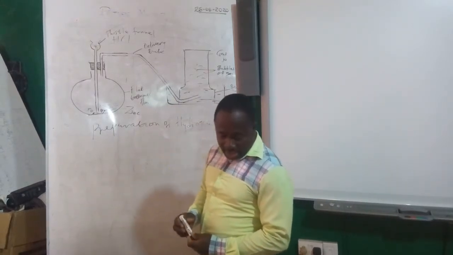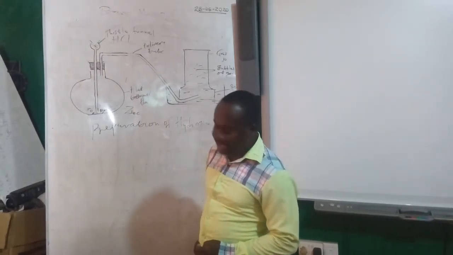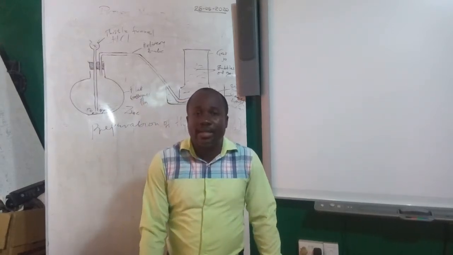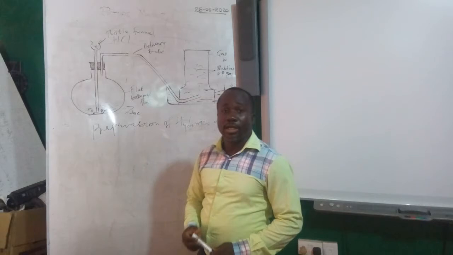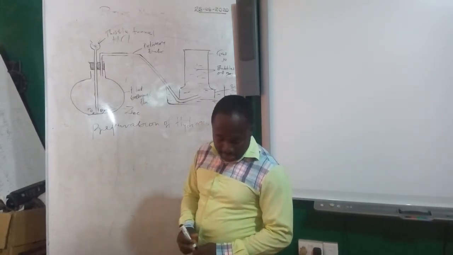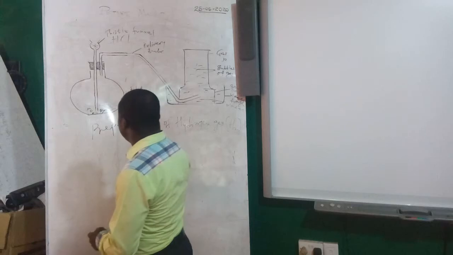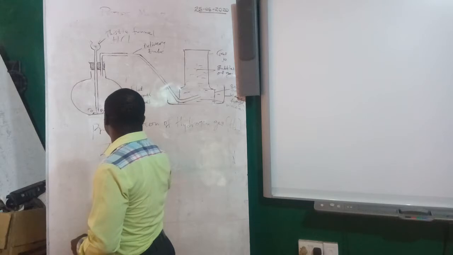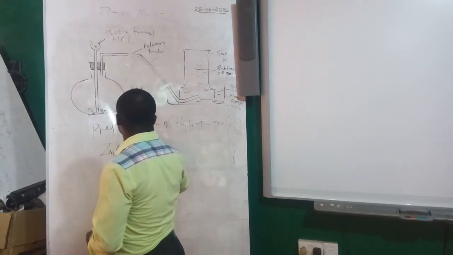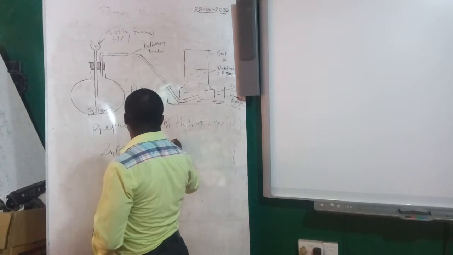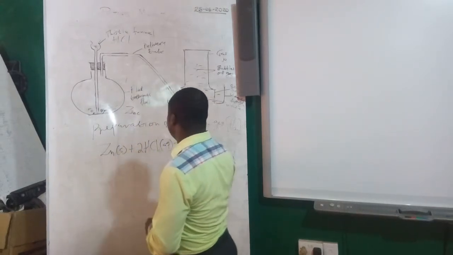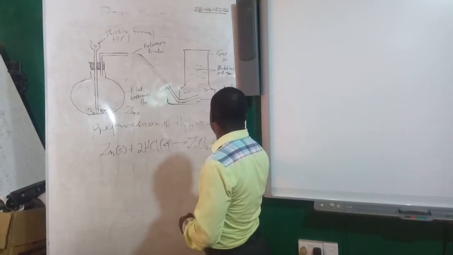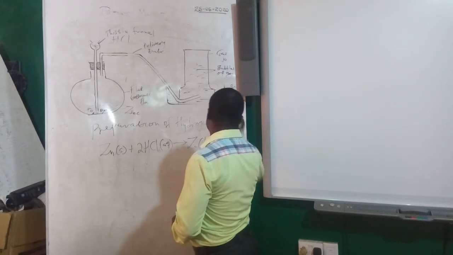the reaction of acids with metals. As I mentioned, acids react with metals above copper on the reactivity series to liberate hydrogen gas. For instance, zinc metal reacts with hydrochloric acid to produce zinc chloride plus hydrogen gas.